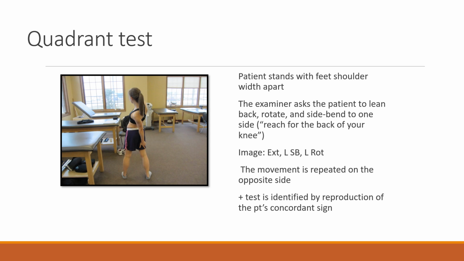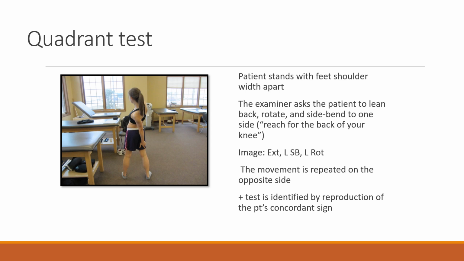However, it's sometimes talked about as a provocative test, meaning we have the patient extend back, rotate and side bend, and we get a recreation of symptoms. If it recreates radicular pain on the side you're side bending and rotating to, I think it's fair to suggest that we're closing down the neuroforamen on those irritated neural structures.